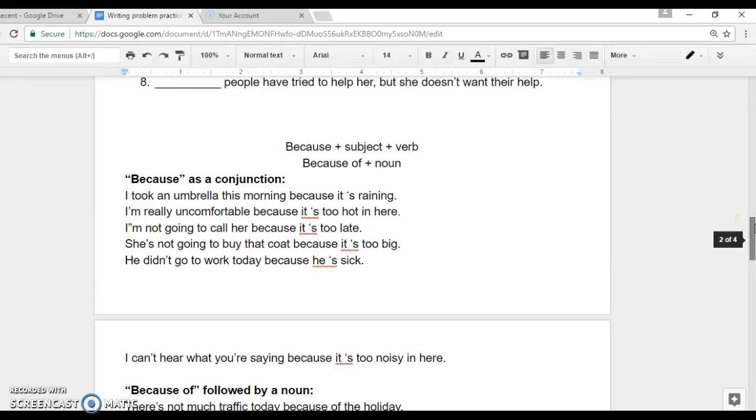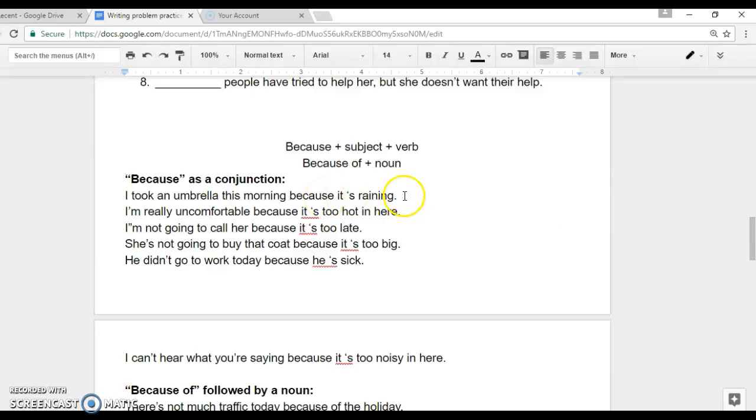All right, our third point is using because. Okay, because is a conjunction, just like and, or so, or but. The thing to remember, students, is when it connects two complete sentences, you must have a subject after because.